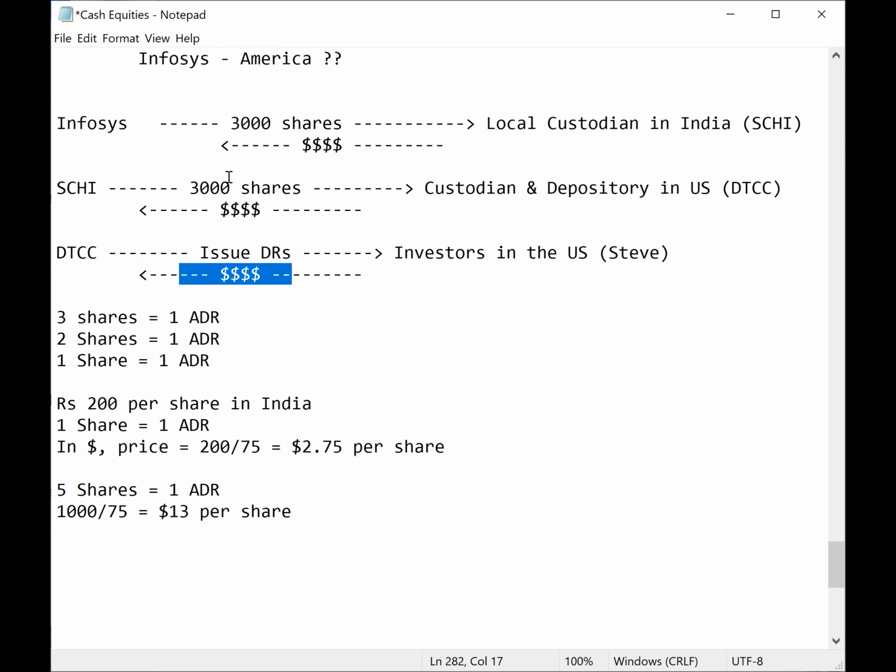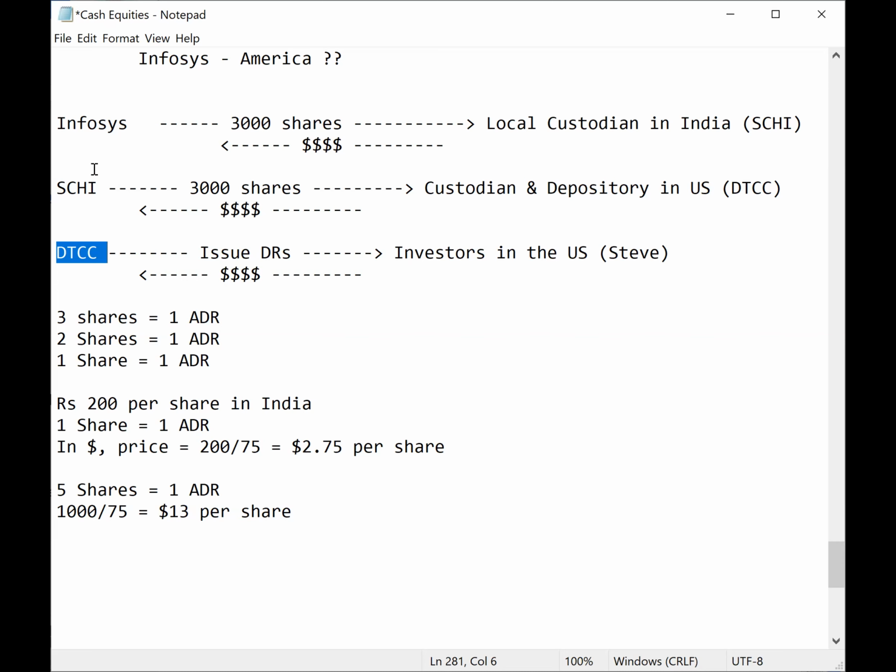They don't need to pass the money to Infosys. Infosys has not issued new shares. It's the DTCC which bought the existing shares from the secondary market, and against the shares they have bought, they have issued the unsponsored ADRs. They will be traded over the counter, not on the exchange.